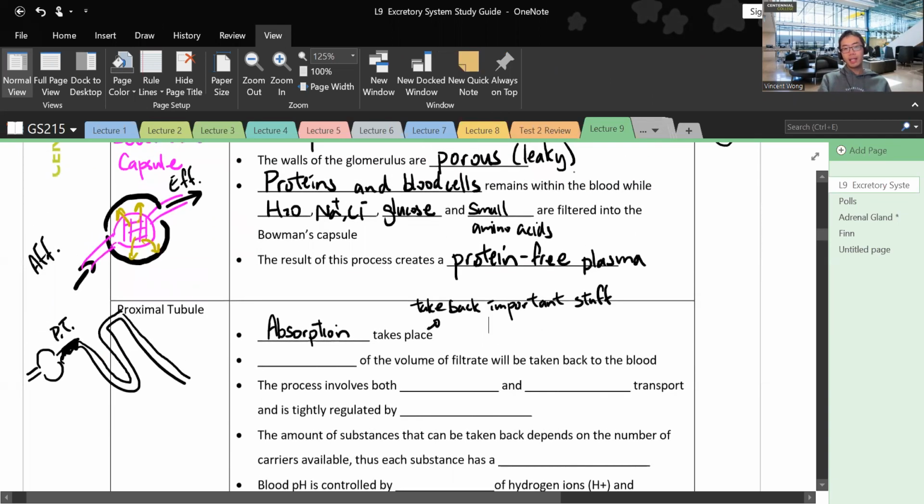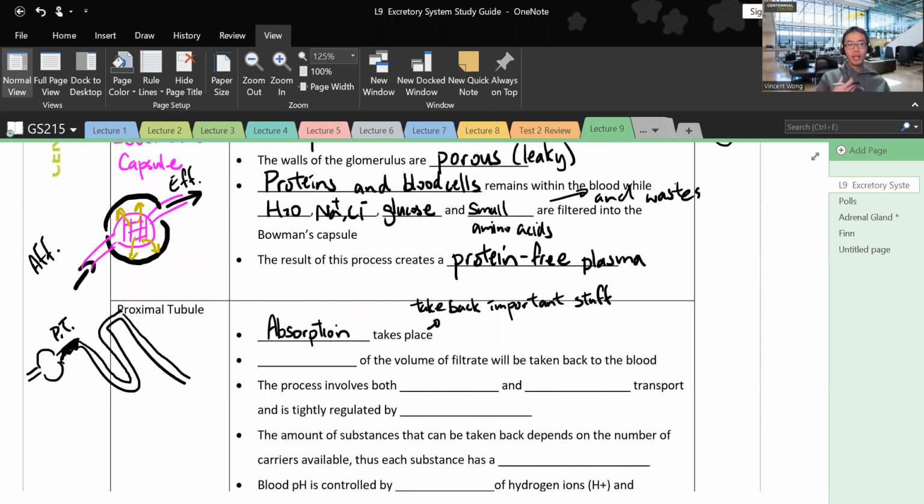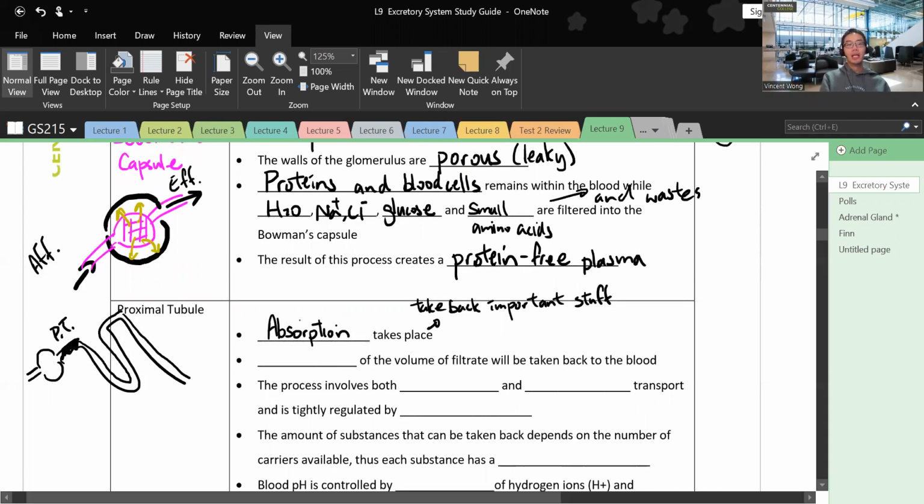I probably should add here, and waste product. I don't want to make it sound like only the good stuff leaks out. There is some waste product that leaked out as well. But the point is, along with the waste, we actually lost a lot of important useful stuff as well. So it's time to take it back.